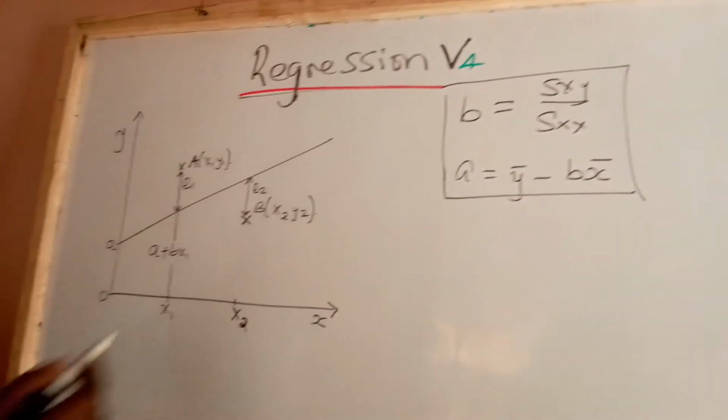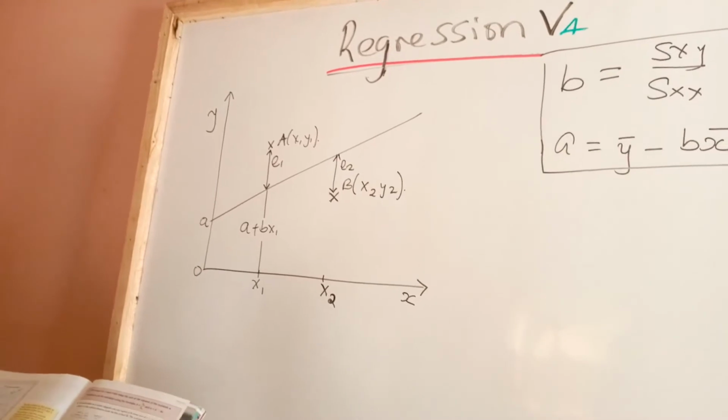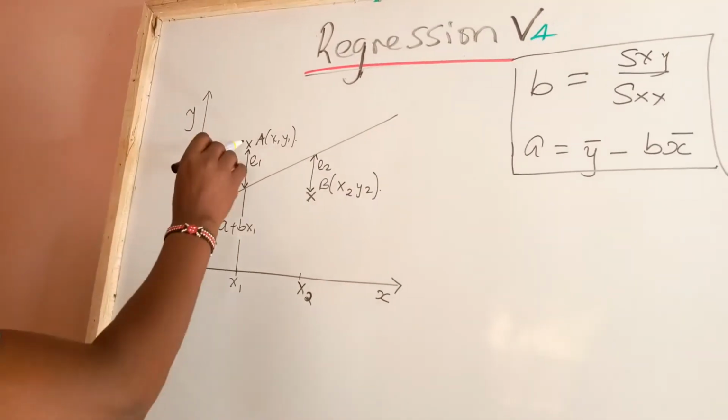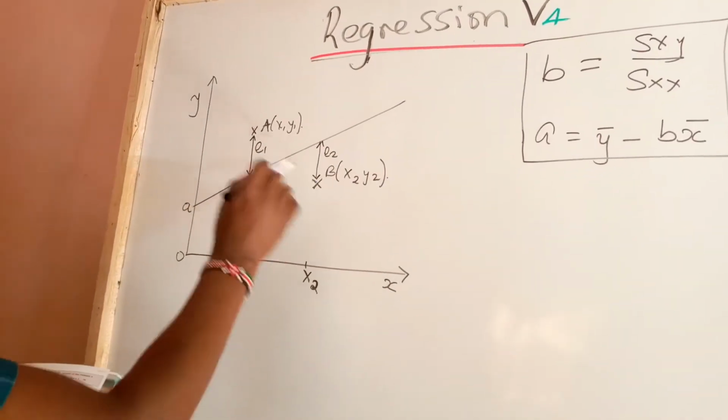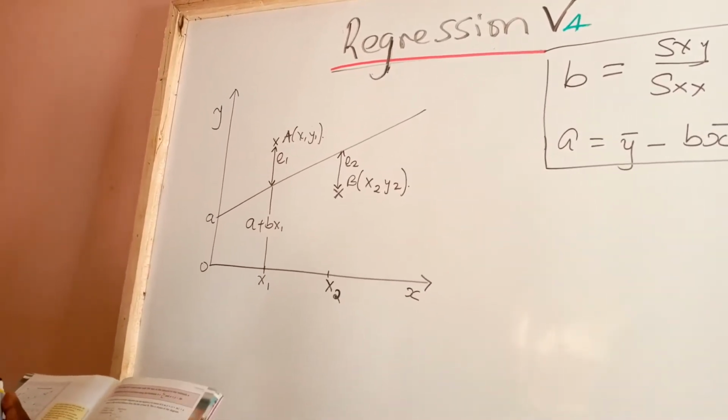And for each point on a scatter diagram, for example point A or point B, you can express y in terms of x.